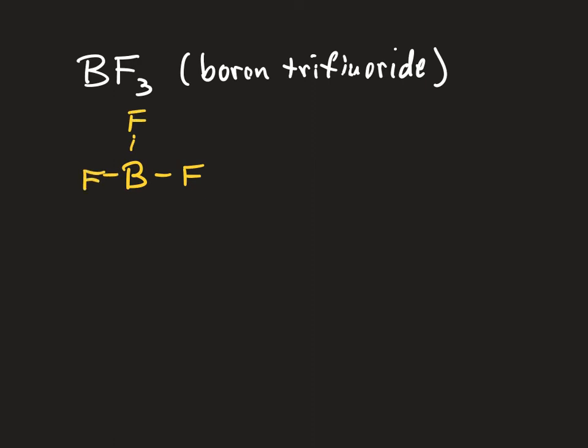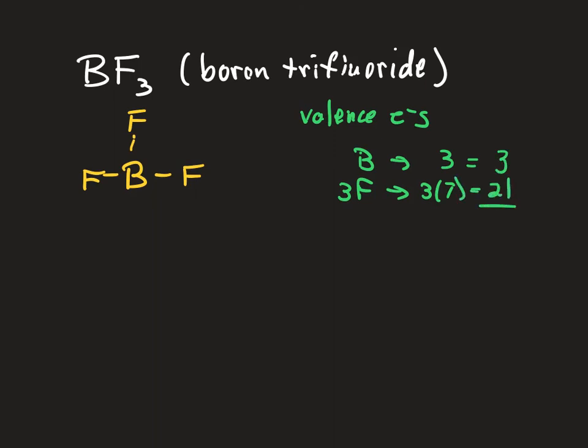If we do our valence electrons, boron gives us 3. 3 fluorines gives us 3 times 7. So that's 3 plus 21 is 24. We've already accounted for 6 of them because of the bonds, leaving us 18.